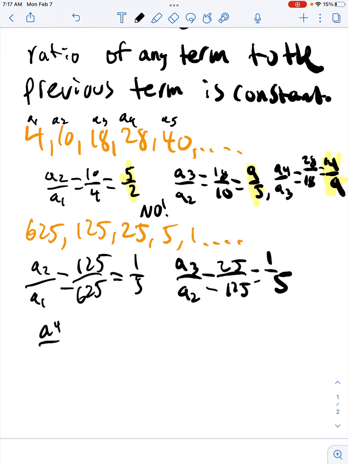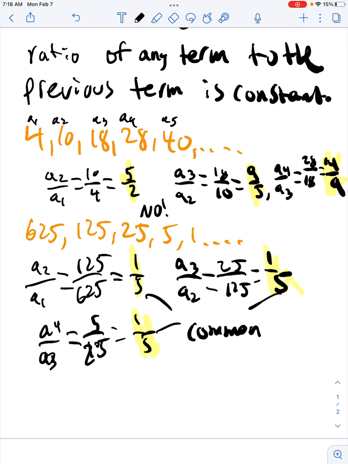And if I were to do it again a fourth time, a to the fourth divided by a to the third, that's going to be 5 over 25, which is 1/5. So when I look at these ratios, I find that, hey, these are all the same. We call this a common ratio. So yes, this series is geometric because we have a common ratio that is the same.